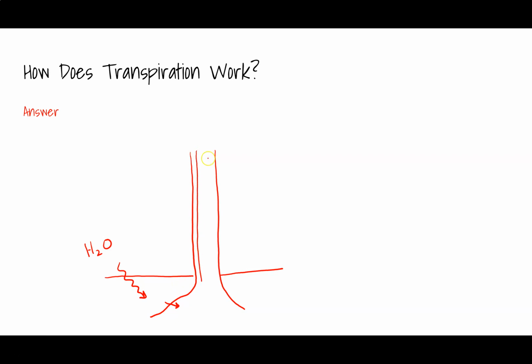So I'm going to draw it a little bit big here. This is going to be a vascular tissue called xylem. Xylem is, we'll call them, a series of tubes inside of a plant that are going to carry the water up. Now, the key here, which is important to understand, is that water is going to evaporate.